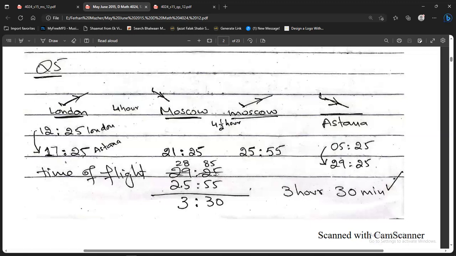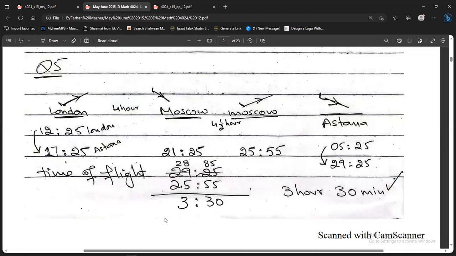When the hour is added into minutes, 60 minutes are added there. So 25 plus 60 will be 85. And from 85 subtract 55, you will have 30. From 28 subtract 25, you will have 3. So the flight from Moscow to Astana took 3 hours and 30 minutes.